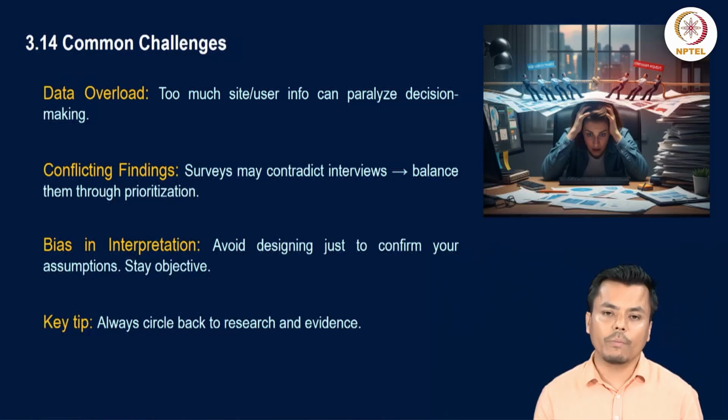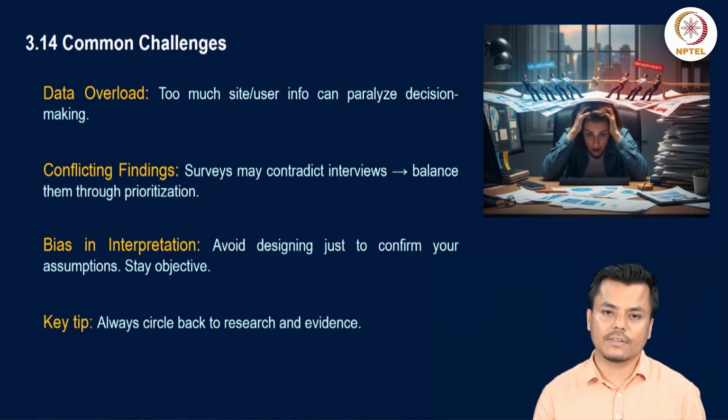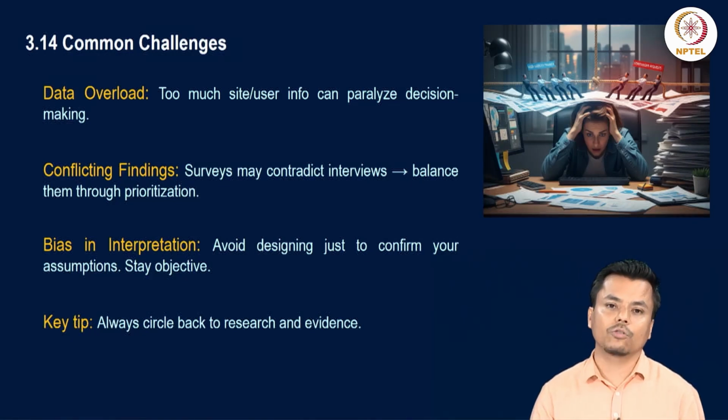So this information is necessary. Some is just to sensitize you, so that you don't repeat the mistakes that you found in your case studies or the inferences from your site visits or user study. So this information has to be filtered and actionable strategies have to be derived.